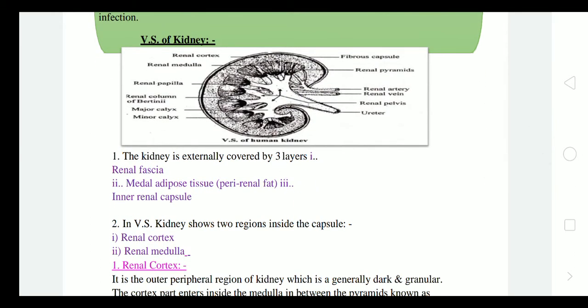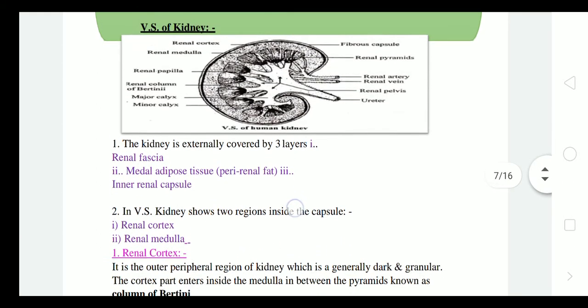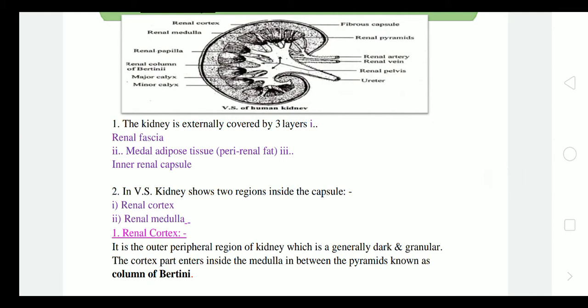VS of kidney, or histology of kidney. The kidney is externally covered by 3 layers: renal fascia, middle adipose tissue, and inner renal capsule.